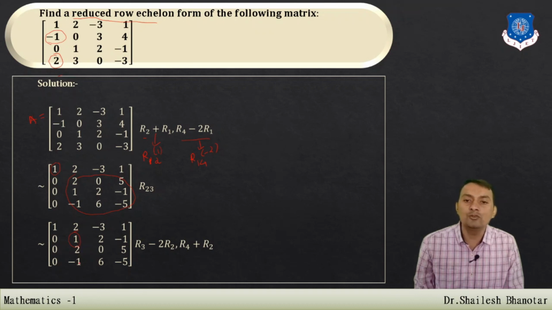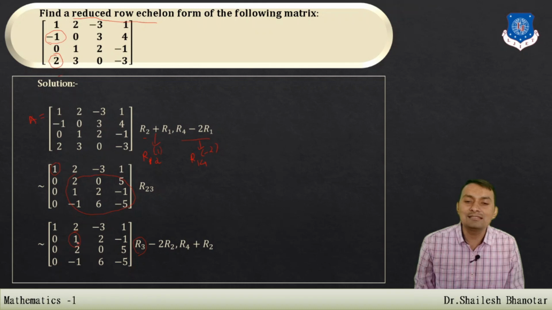Below that I want to make this 0, which means I have to multiply the second row by minus 2 and add to the third row. And another operation we are going to consider together as well.